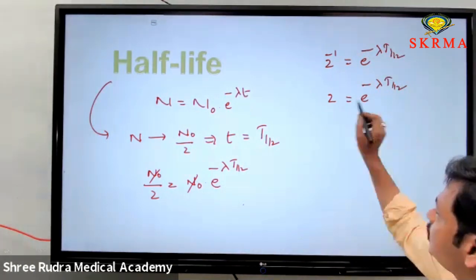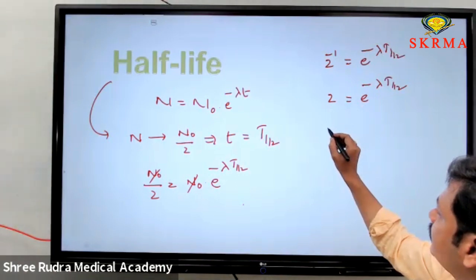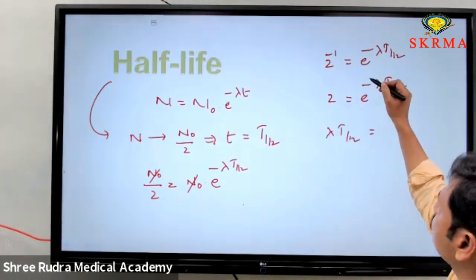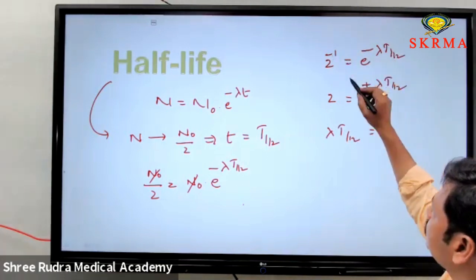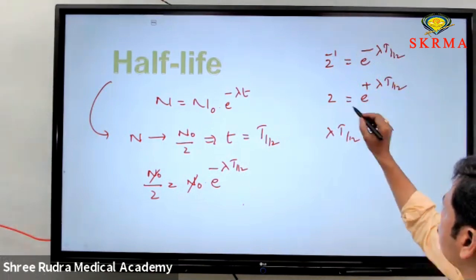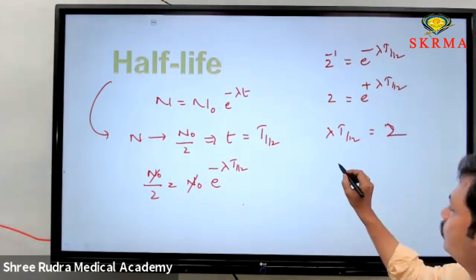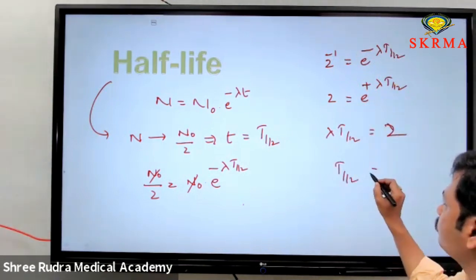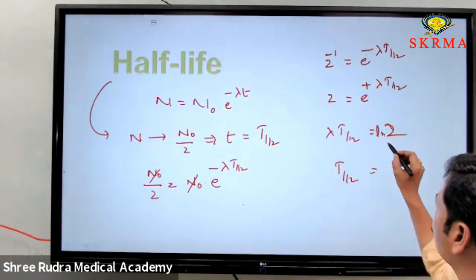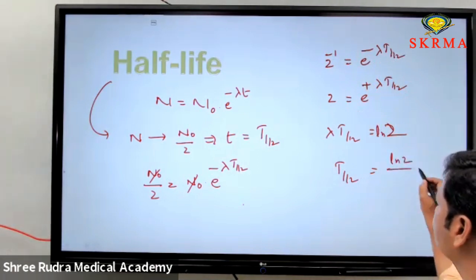Take logarithm on both sides. Then lambda t half equals log 2. We have to calculate t half, that equals log 2 by lambda.